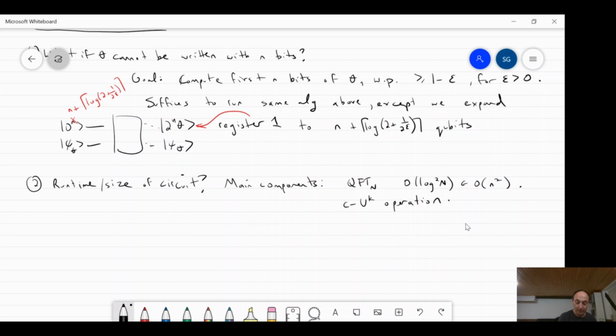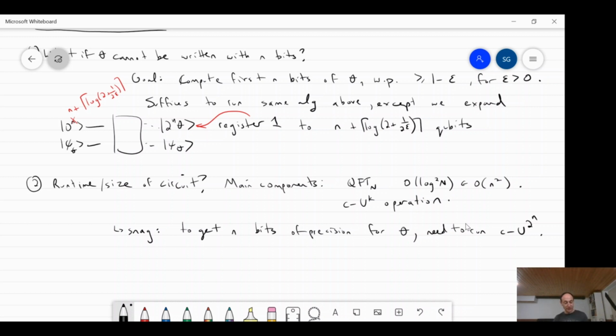So here's your snag. To get n bits of precision for our estimate of theta, we need to run something on the order of c times 2 to the n; it's going to scale exponentially in n.